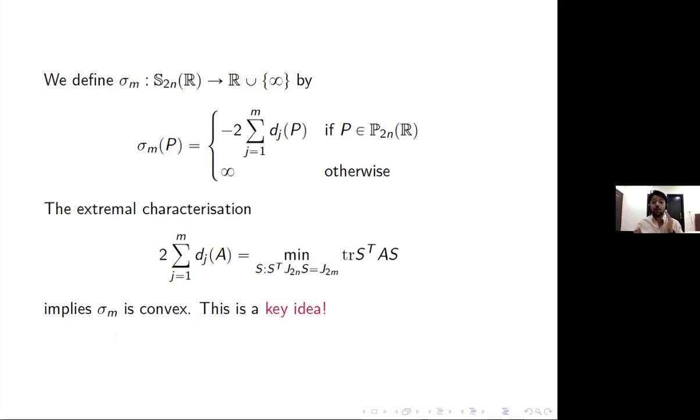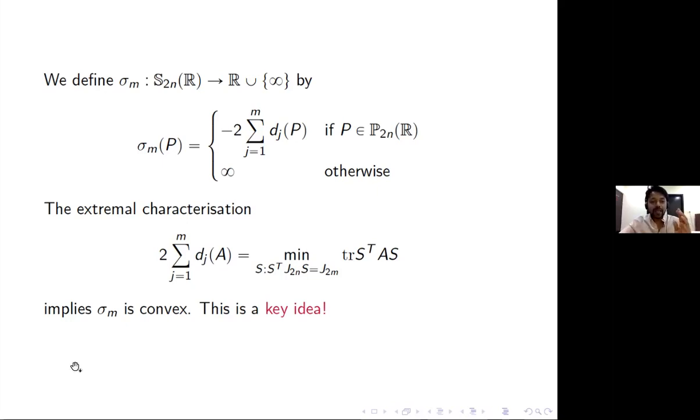Now that we have a convex function associated with symplectic eigenvalues, we can certainly talk about its Fenchel subdifferential. Then we also know that it's directionally differentiable, so we can talk about its directional derivative, and we can attempt to compute it using the max formula that we saw earlier. This function plays a key role in our study.